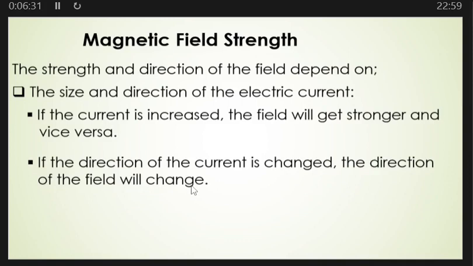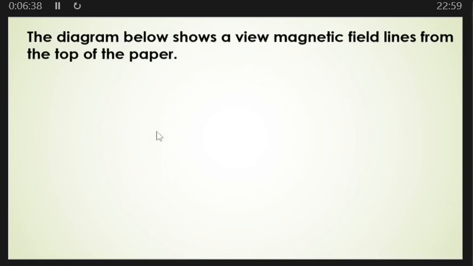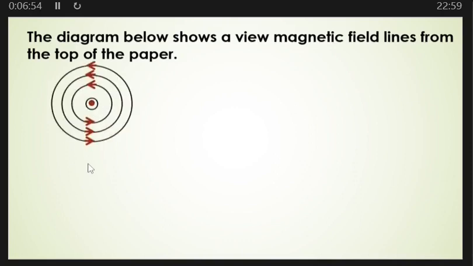All right. So let's look at the diagram which shows a view of magnetic field lines from the top of the paper. If you are viewing the magnetic fields produced around a wire from the top, you can see that the magnetic fields in this way point out of the paper.